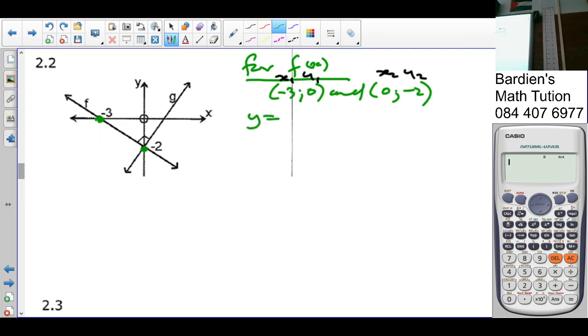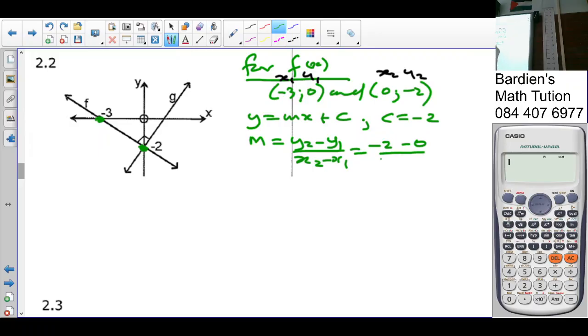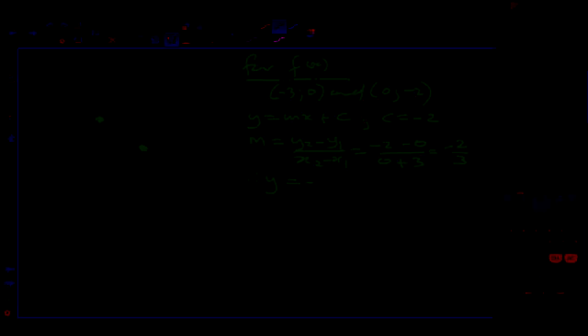So it's going to be y is equal to mx plus c. What's our c value? Negative 2. Why? It's your y-intercept. For m, how do you calculate m? y2 minus y1 over x2 minus x1. So it's going to be negative 2 minus 0 over 0 minus negative 3, which is negative 2 over 3. So therefore y is equal to.